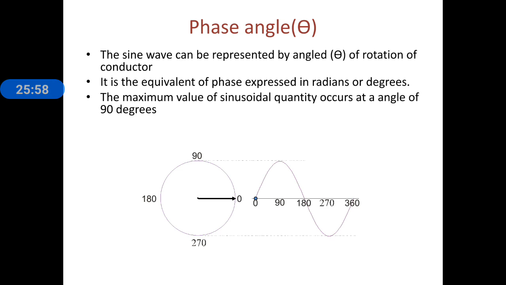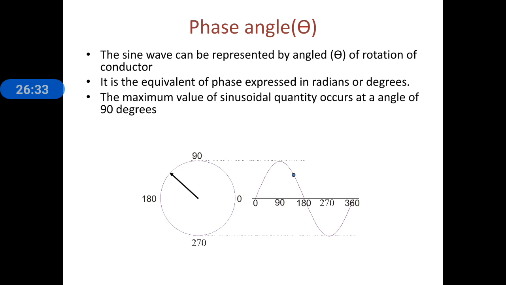So in this figure, 0 means 0 degree, and one rotation means one cycle: 0 degree, 90 degree, 180 degree, 270 degree. At 0 and 180 degrees it reaches 0, again at 360 it reaches 0, and at 90 degrees and 270 degrees it gives the maximum positive value and maximum negative value. At 45 degrees it gives some value with respect to the sine function. Sine 90 is 1, the maximum value.